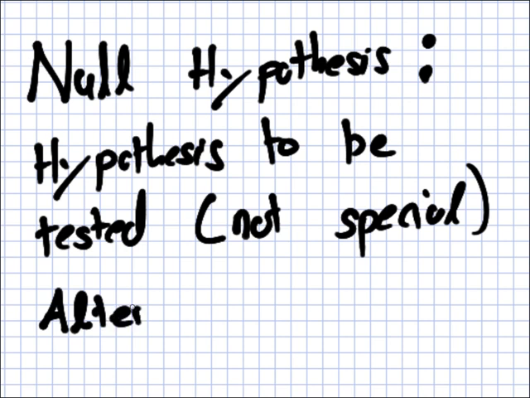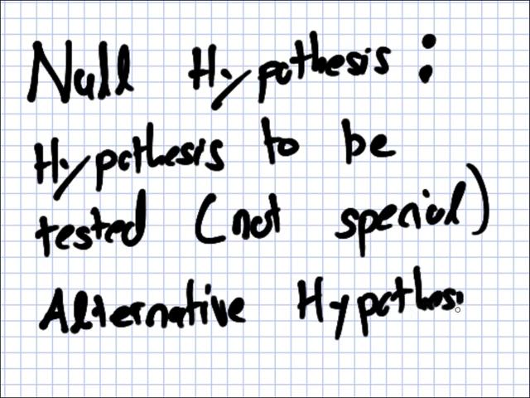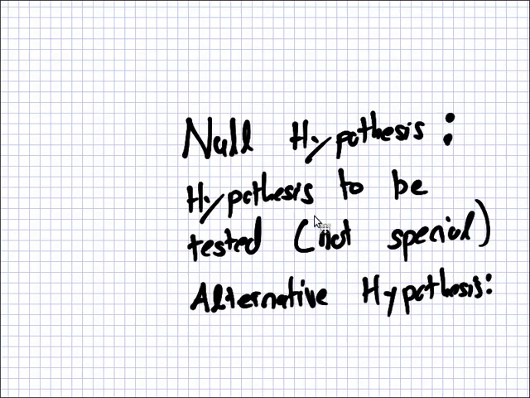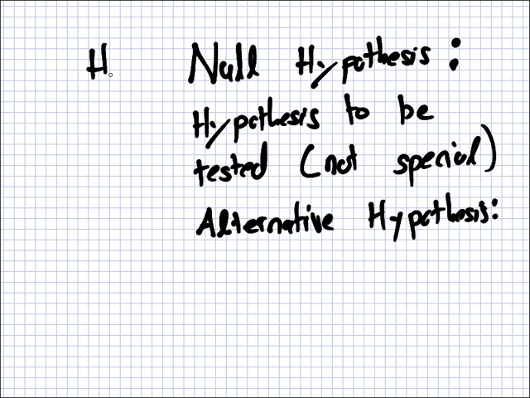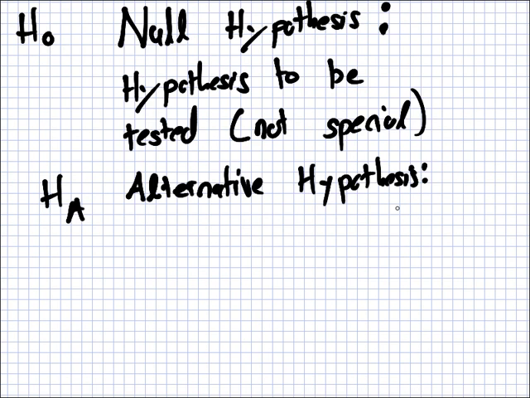is called the alternative hypothesis. There are some symbols here too, aren't there? You can call this H0 and then H1 or HA. You could probably guess here. The alternative hypothesis is the opposite, nearly.